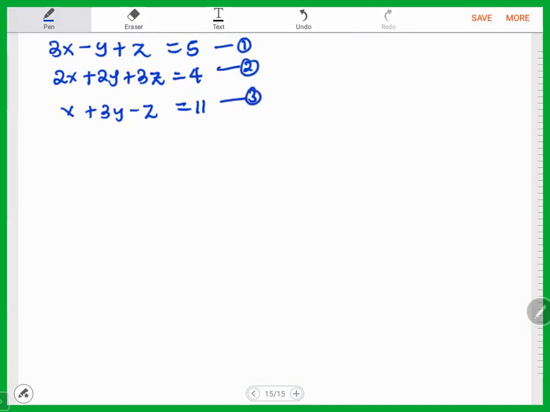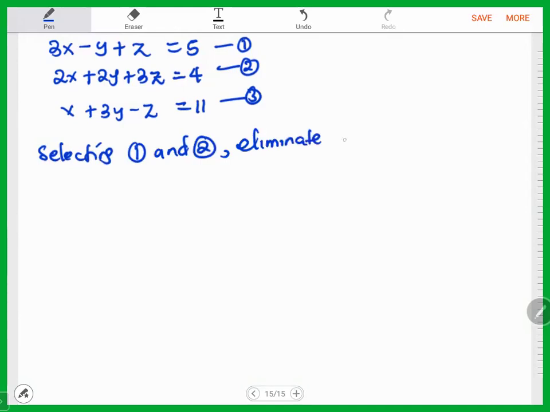So selecting 1 and 2, eliminate variable x. I have decided to eliminate x.